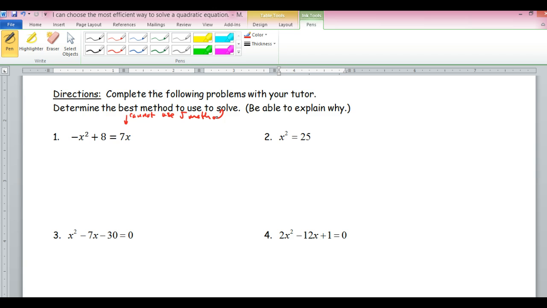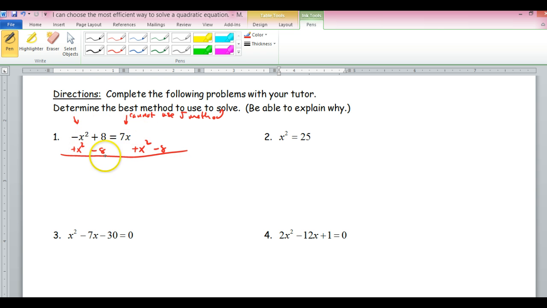If you remember, the first step in solving quadratics is always to set the quadratic equal to 0. Now, generally, a lot of us would say, okay, to set this equal to 0, I would subtract 7x. But life is much easier when that leading coefficient, or the x squared term, is positive. So what we're going to do here is add x squared to both sides, and then to get rid of the 8, we would subtract the 8.